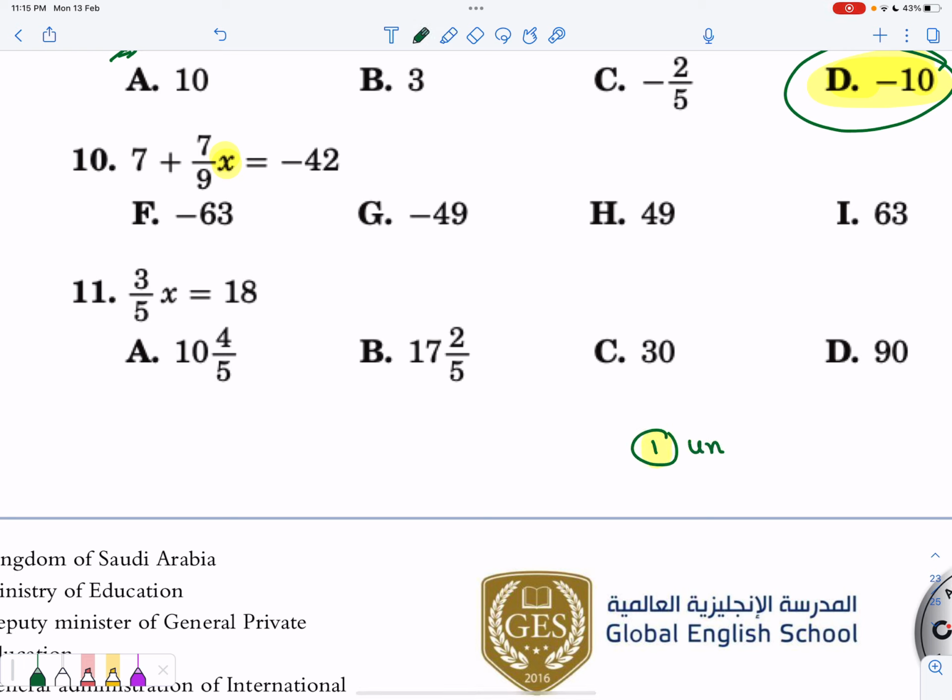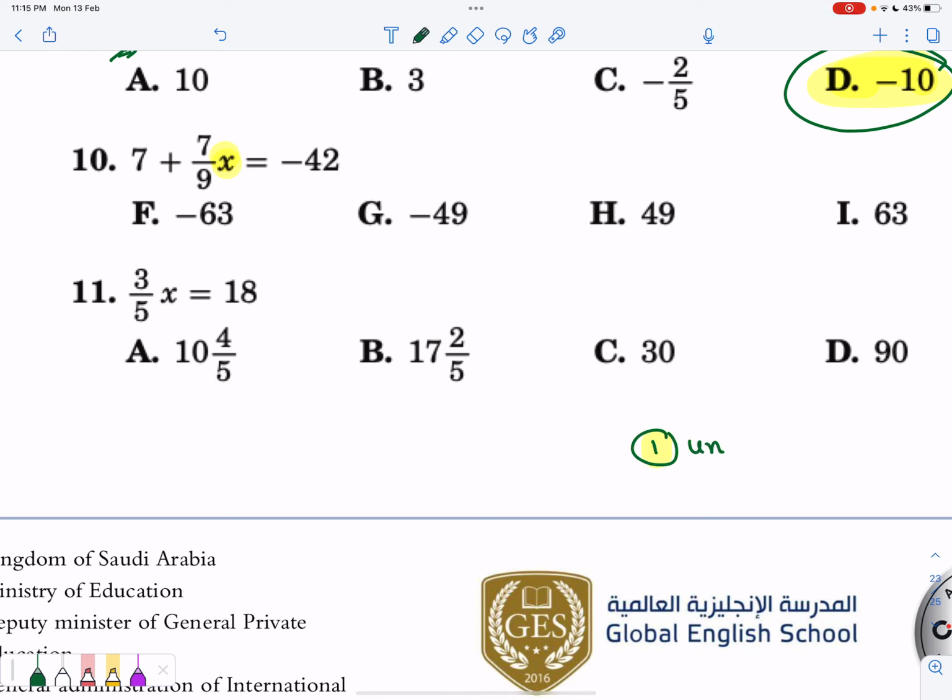So the first thing here, your variable, right? You need to undo the adding and the subtracting. And you have 7 added to that. So you need to get rid of that. You need to subtract 7 from both sides, like that. So here you'll cross them. Here you have 7 over 9x equals. Now you have negative 42, negative 7.